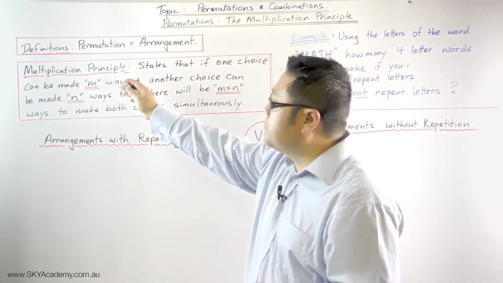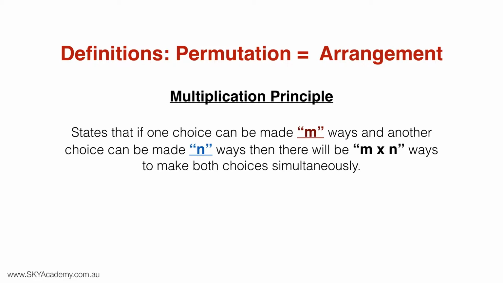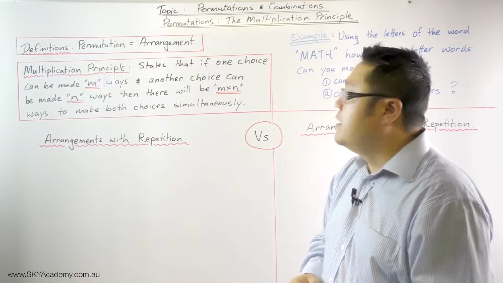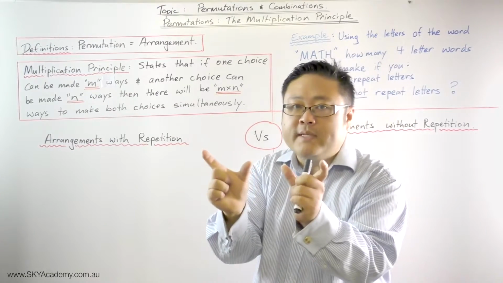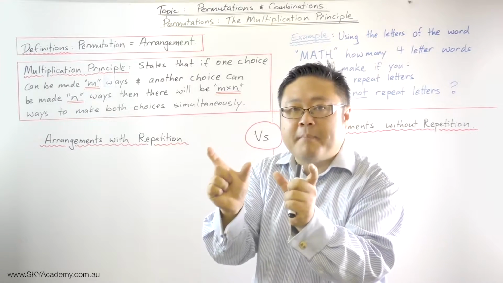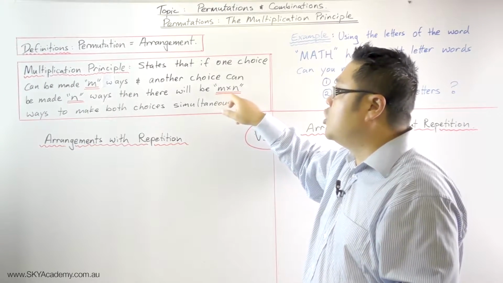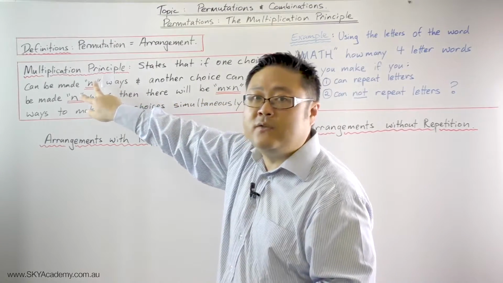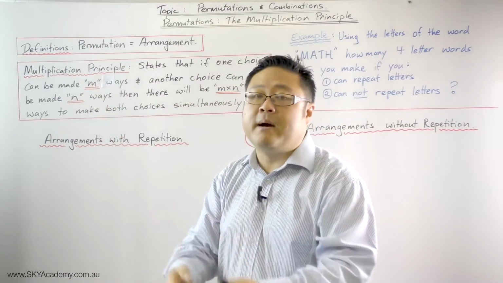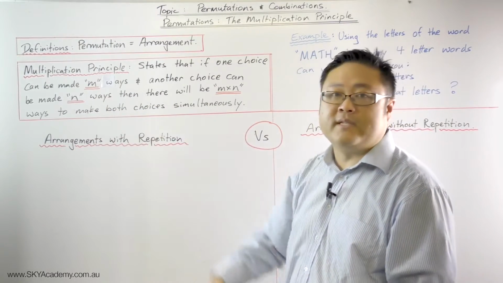The multiplication principle states that if one choice can be made in m different ways, and another choice can be made in n different ways (m and n just stand in place of different numbers), then if you were to make both choices simultaneously, the number of ways that you can make both choices will be m times n. You take these two values and multiply them together, and that will be the number of ways that you can make both choices.